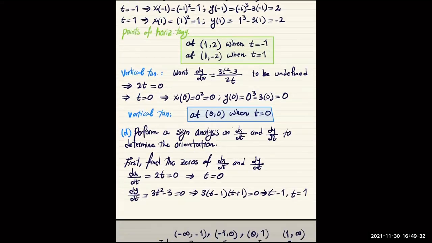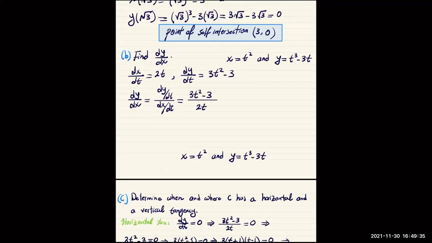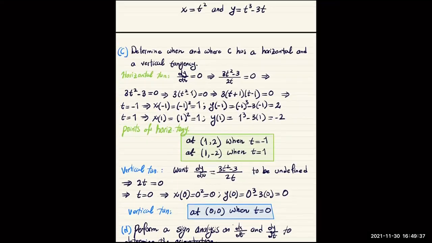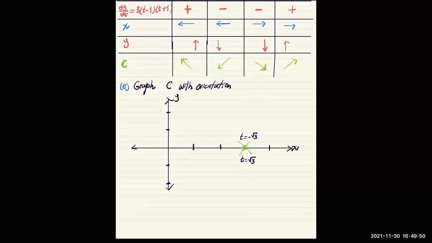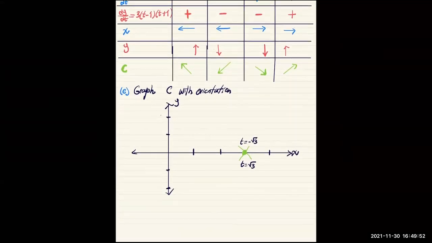Part B was just a derivative. Part C, we have the points of horizontal tangency, which happen at 1, 2, when t is -1. So 1, 2 is right there. Here we have horizontal tangency, corresponding to t equal to -1.